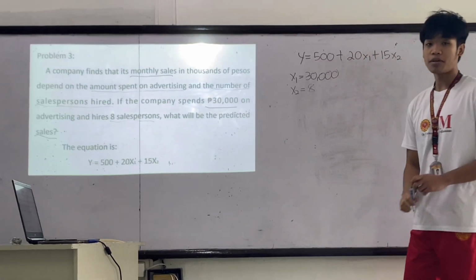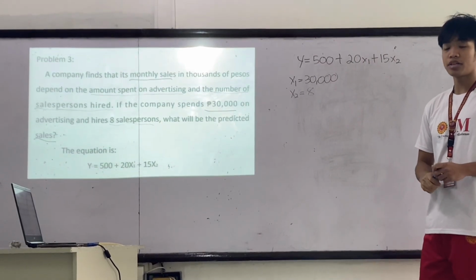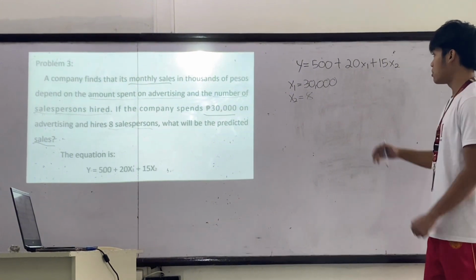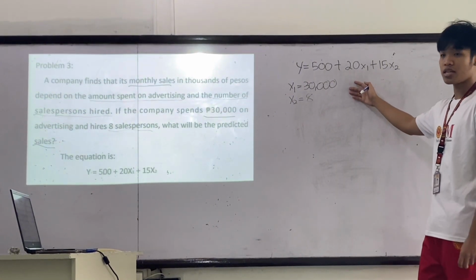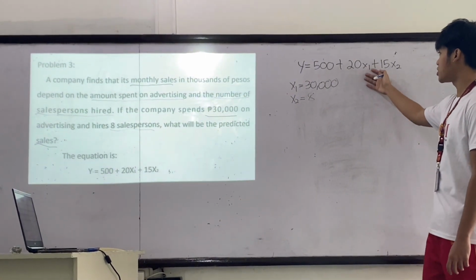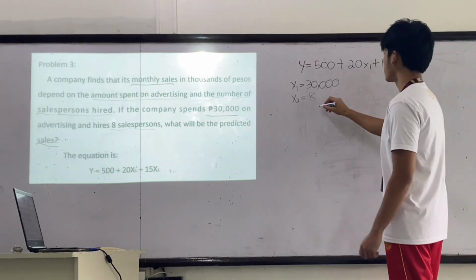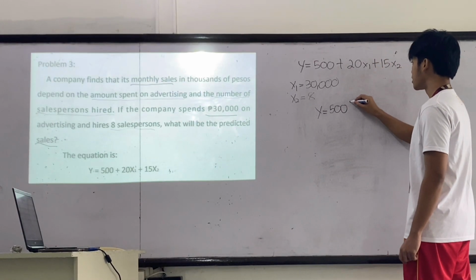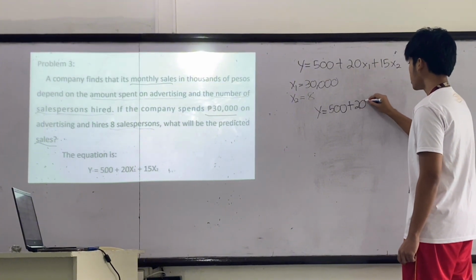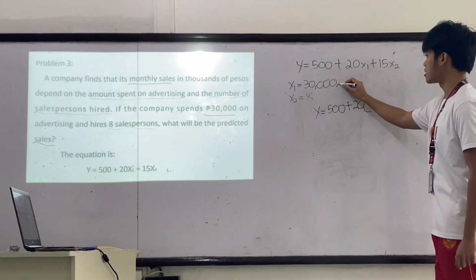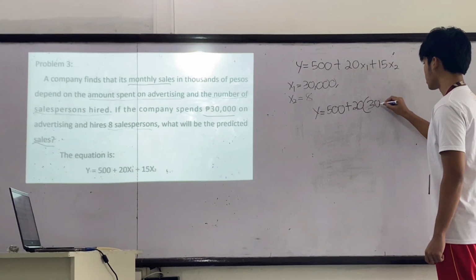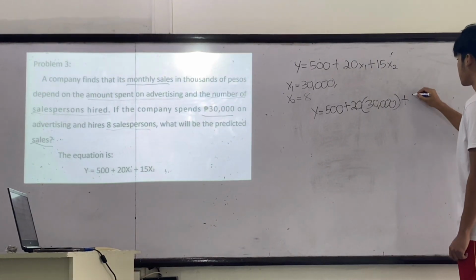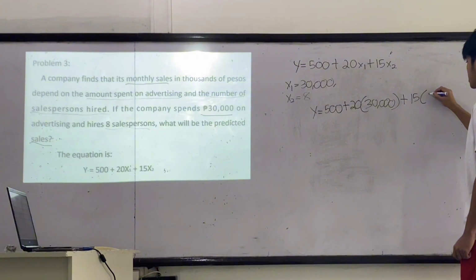So just like the previous problem, problem number 2, we will just substitute these values into the equation. So y equals 500 plus 20 times 30,000 plus 15 times 8.